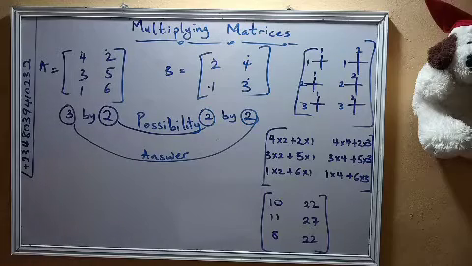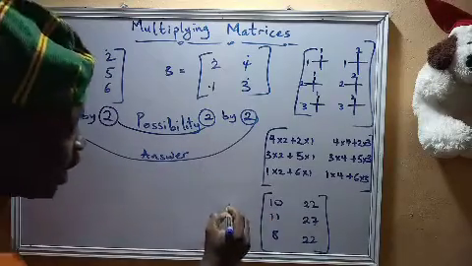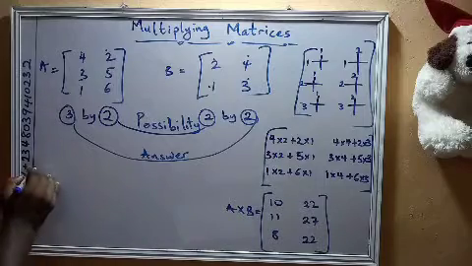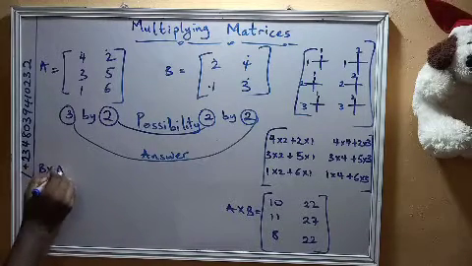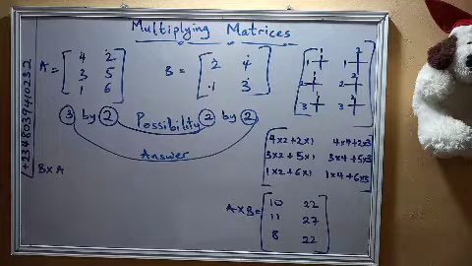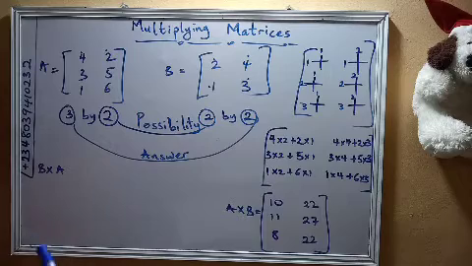Now the next question is, what we have just done is A times B. What if we want to do B times A? Is it possible? For that to be possible, you have to check for the possibility.